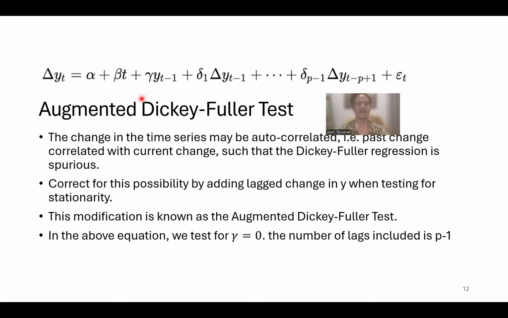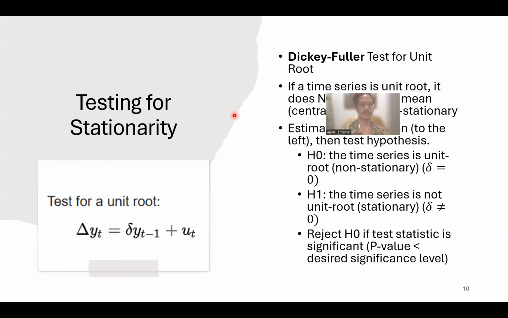So we're allowing for it to be correlated with the past change, as well as other lags of higher order. The way we do that is, when we specify the equation to test for unit root, we include the lag values of delta Yt as well.